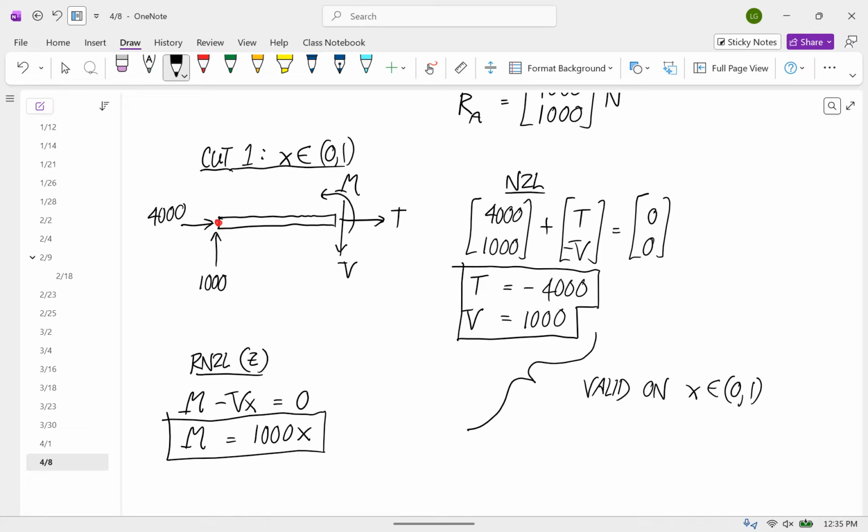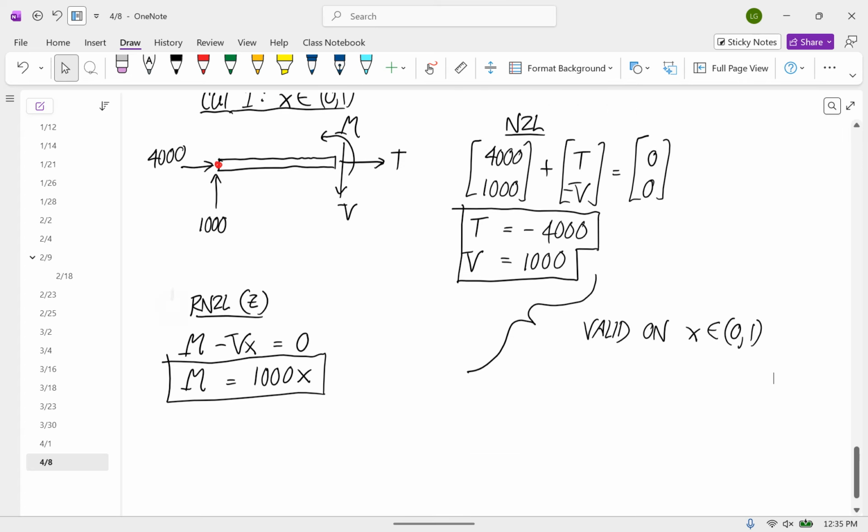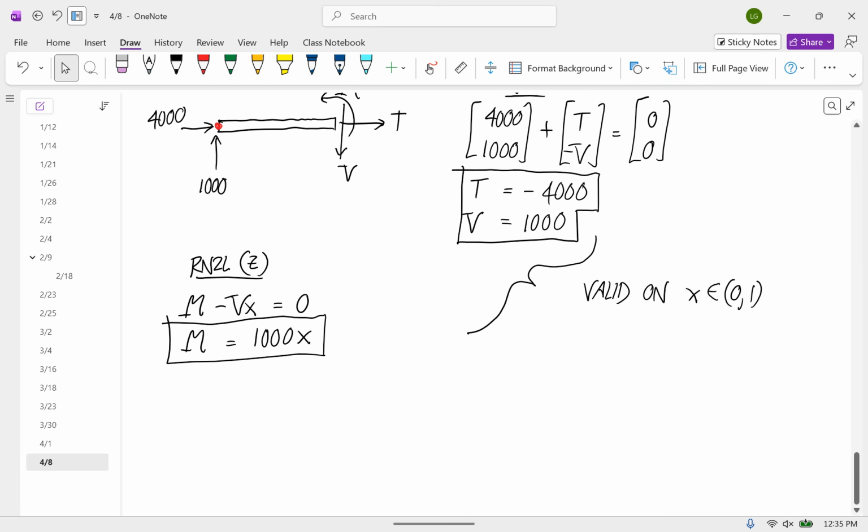Now I'm going to do the same with cut 2, and we're just going to see what we have and see if we can figure out where these values are going to be big. So cut 2. This is for x values between 1 and 2.